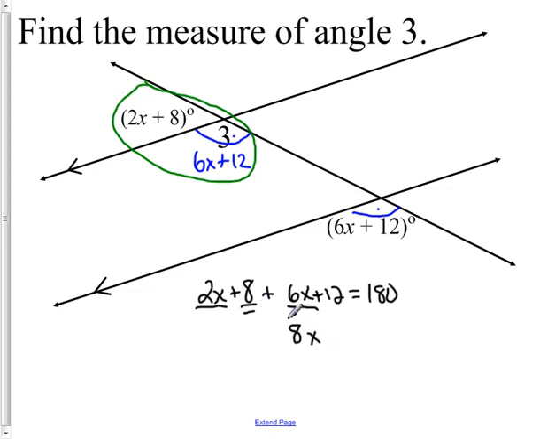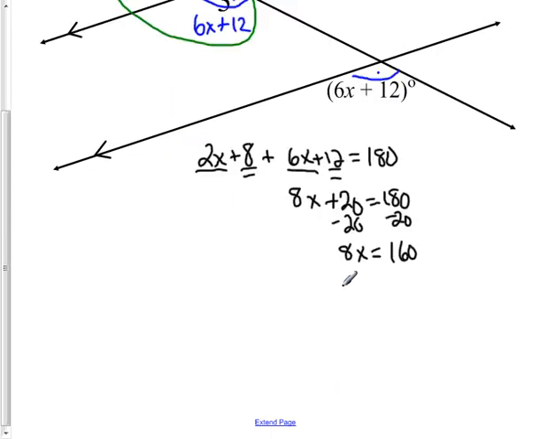We've got 8 plus 12, that's 20. Now we can solve this. I'd probably subtract 20 from both sides. We get 8x equals 160, and then divide both sides of the equation by 8. And we get x equals 20.